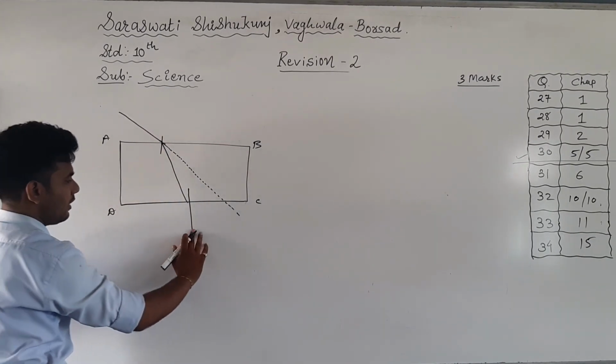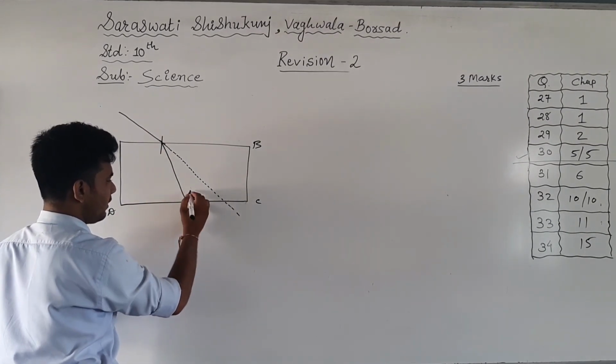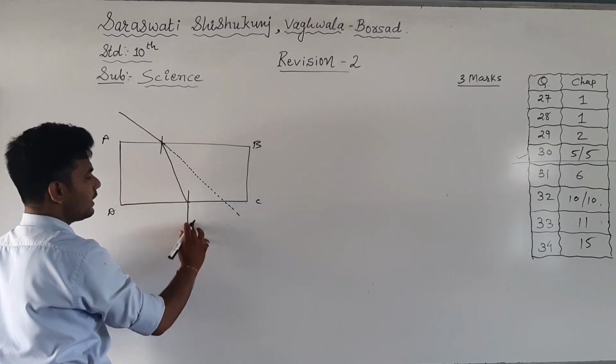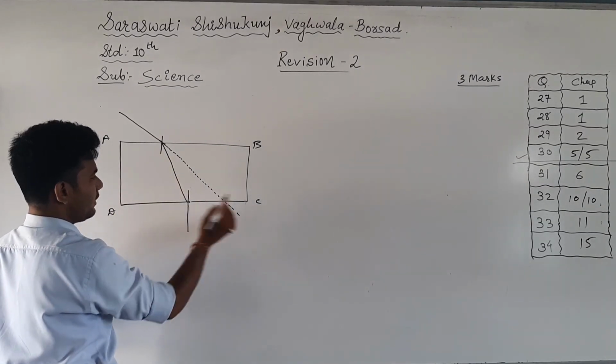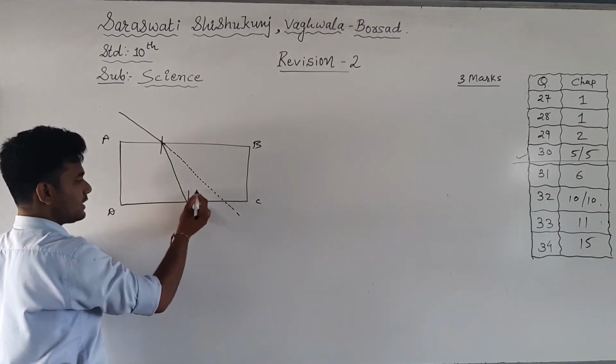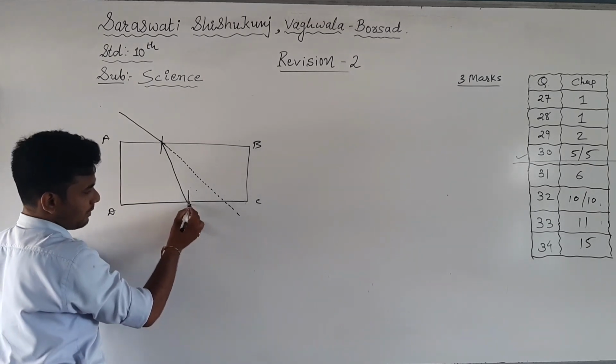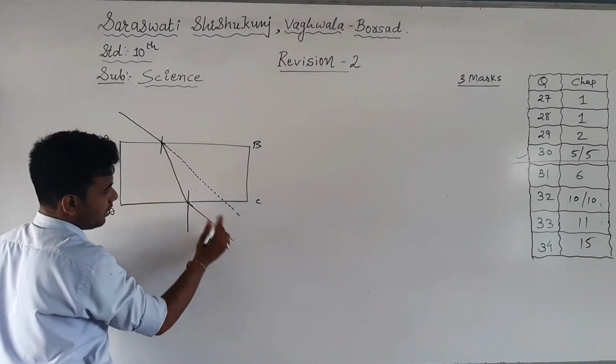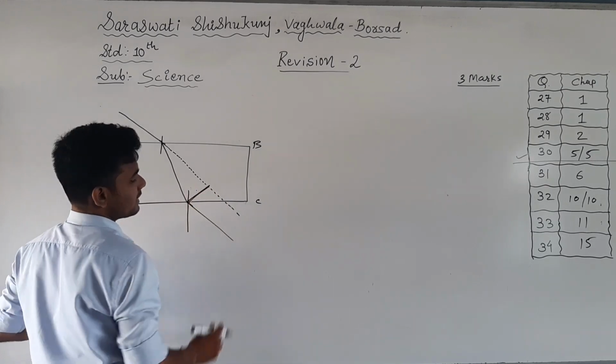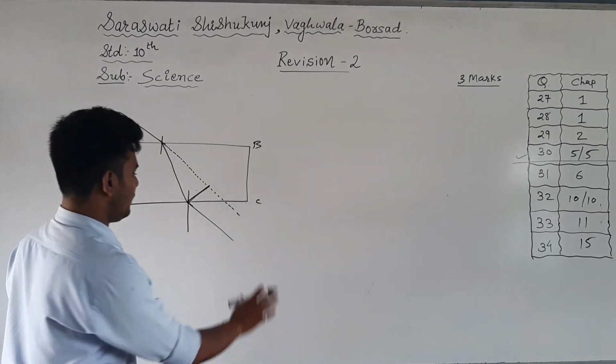Now if we talk about this another ray, for the CD surface. See, it is from denser medium to rarer medium, so it will move away from the normal. These both rays will be almost parallel to each other.